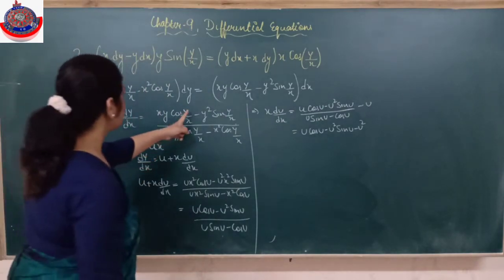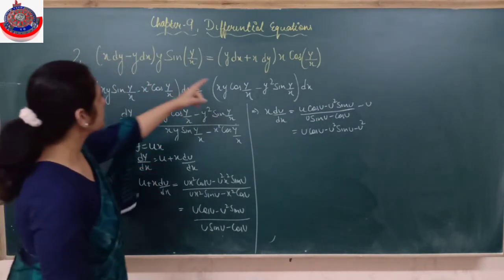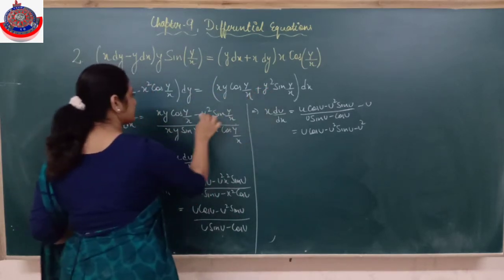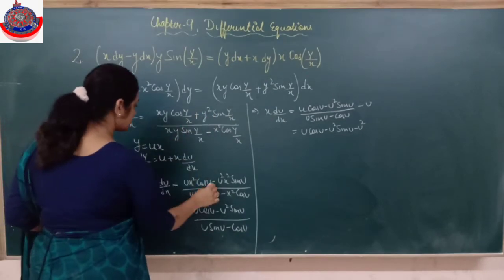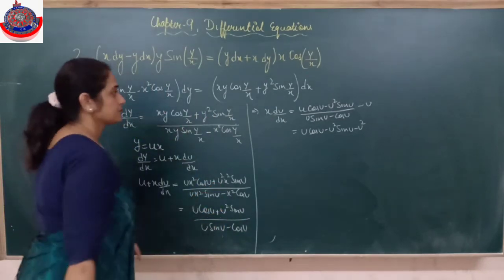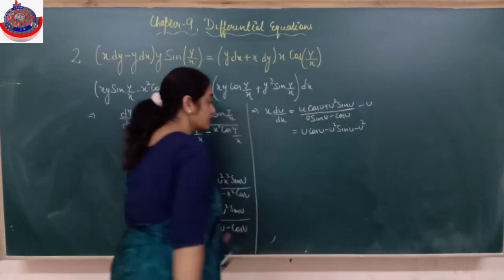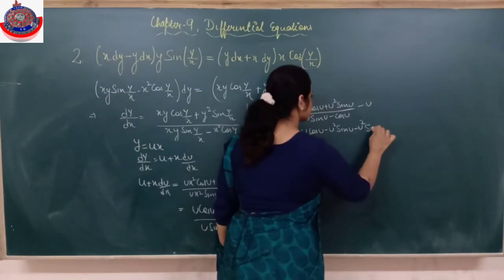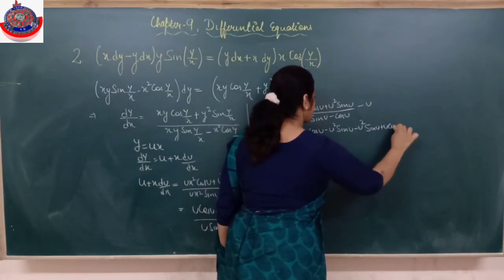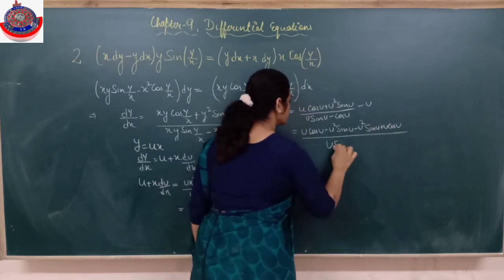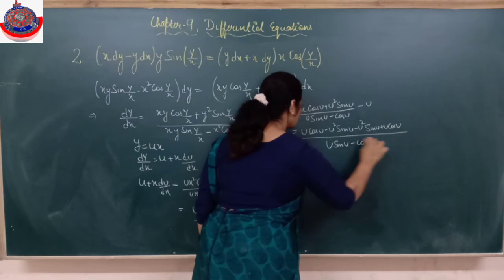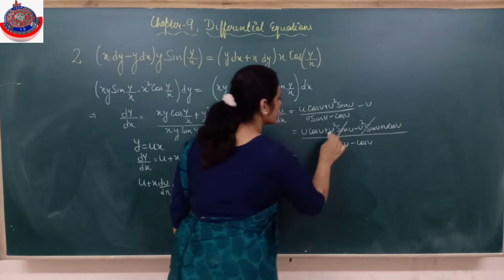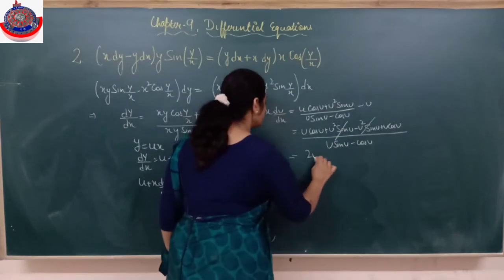This was plus, I think we did, when this came that side, y square dx, it was plus. Alright, this was plus. This cancels because that was plus. So 2u cos u.